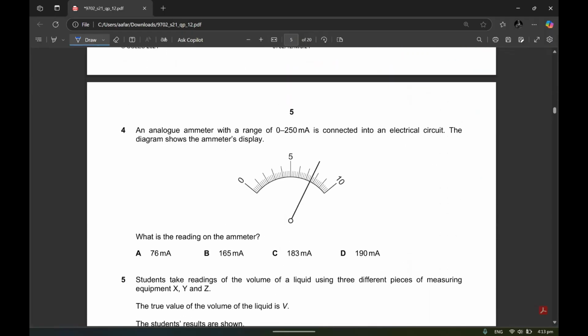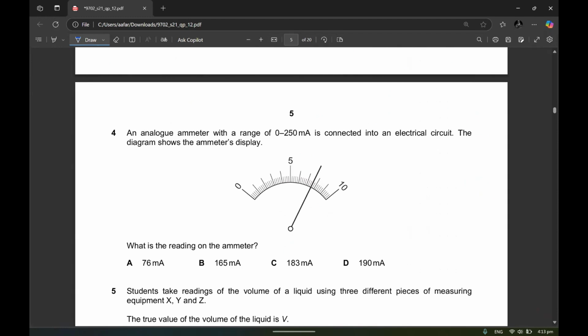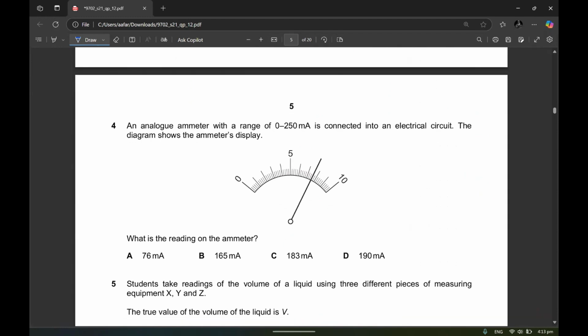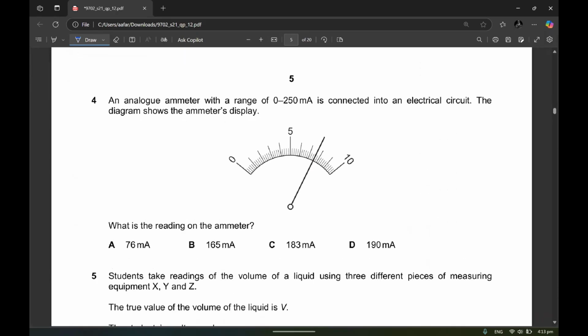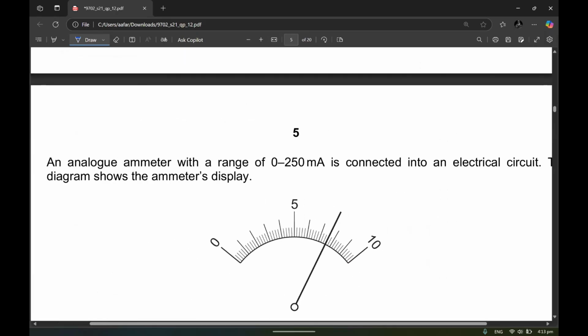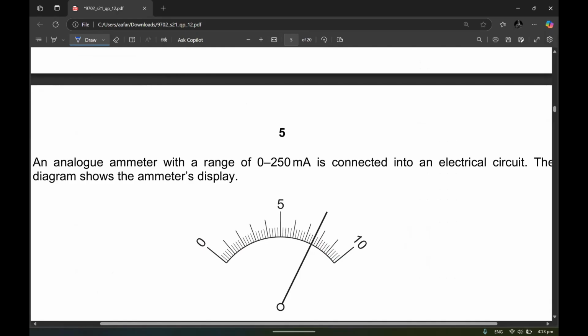An analog ammeter with a range of 0 to 250 milliamps is connected into an electrical circuit. The diagram shows the ammeter's display. What is the reading on the ammeter? Okay, so its range is 250 milliamps, right? We have a total of 10 scale divisions, so let's divide 250 by 10. You get 25 milliamperes per division.